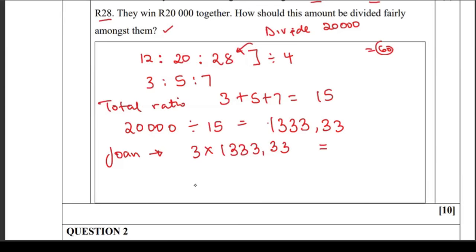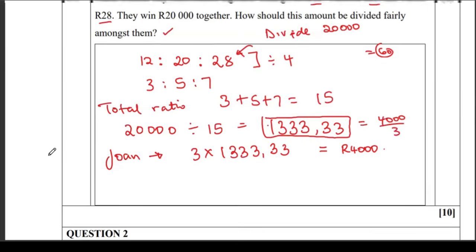When I multiply that, we are getting 3,999.99, which is roughly 4,000. Maybe I should erase this and give it as a fraction, 4,000/3.